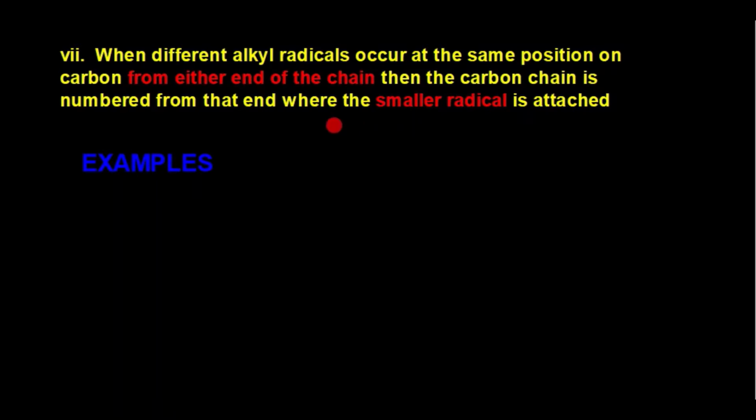It means if different alkyl radicals are attached on the parent chain, and if we do the numbering from either end, left hand side or right hand side, they have the same position on the parent chain, then we will prefer to do the numbering from that side where the smaller alkyl radical is close to the terminal carbon.